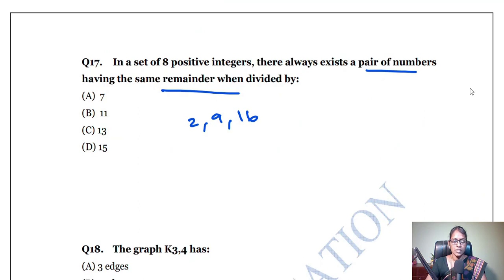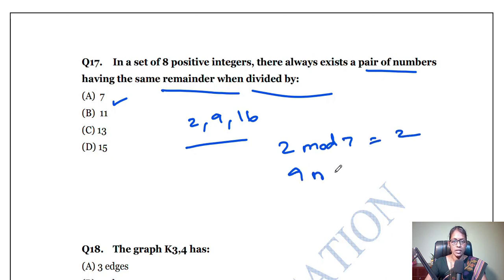Yes, the next question is: in a set of 8 positive integers, there always exists a pair of numbers having the same remainder when divided by which number? So this we cannot identify directly. Just remember 2, 9, 16. When you divide by 7, 2 mod 7, the remainder is 2.